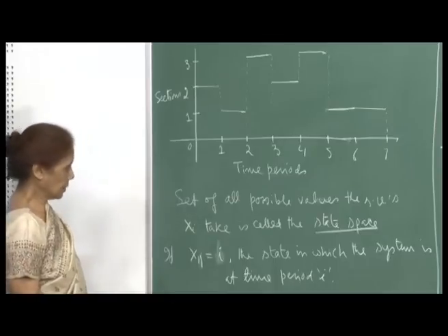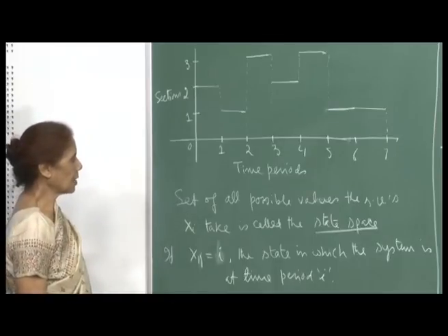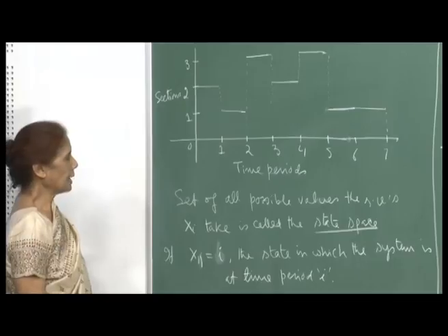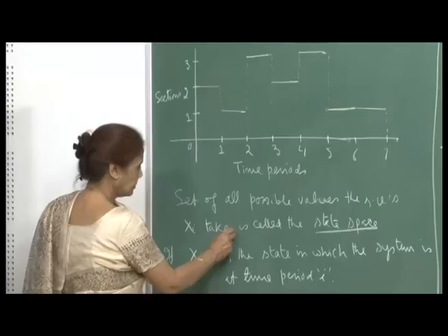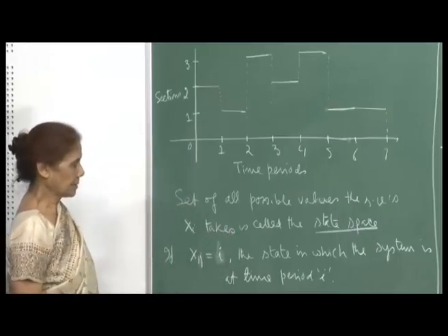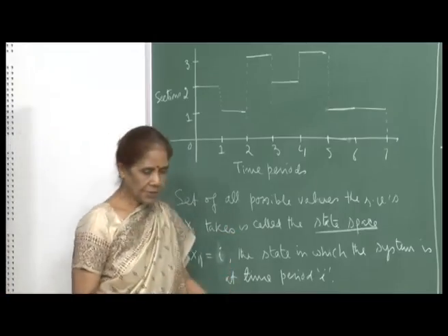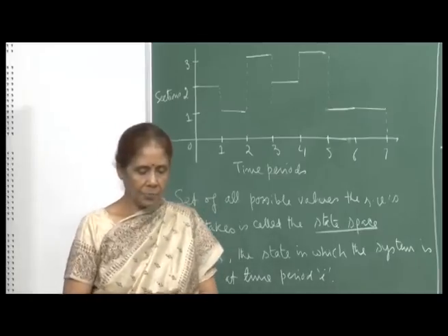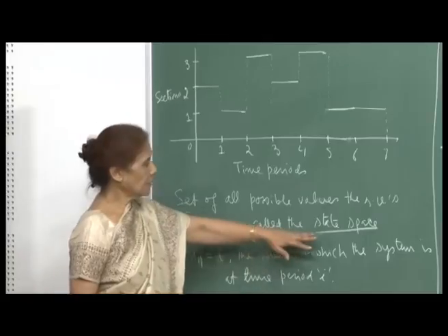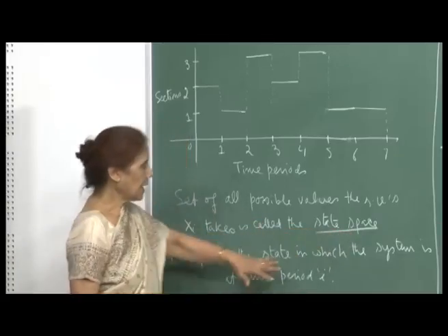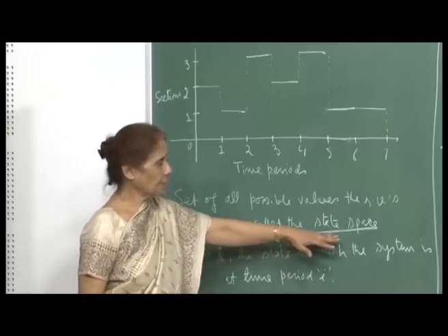Now, let us give some more terminology. The set of all possible values the random variable xi takes is called the state space. Wherever the system or the process is, whatever situation it is in, will be described by the state space, and normally we give it numbers.